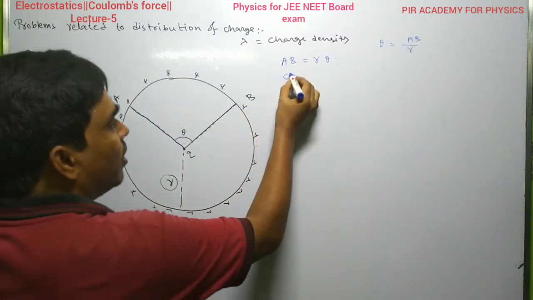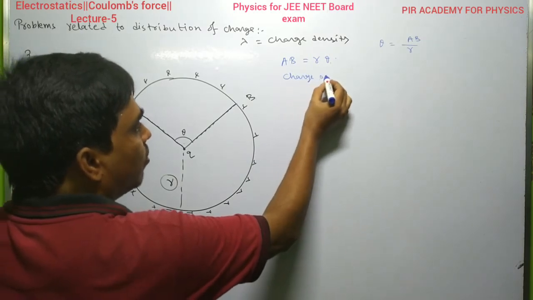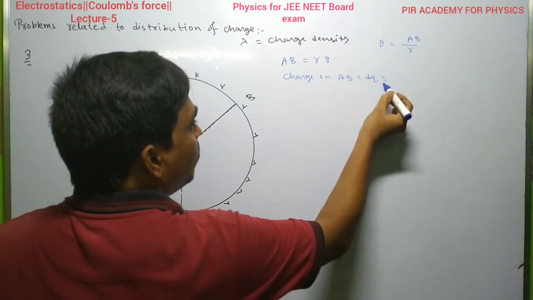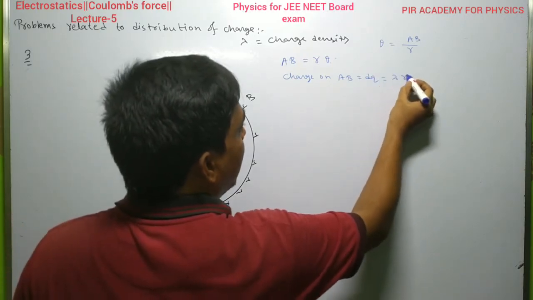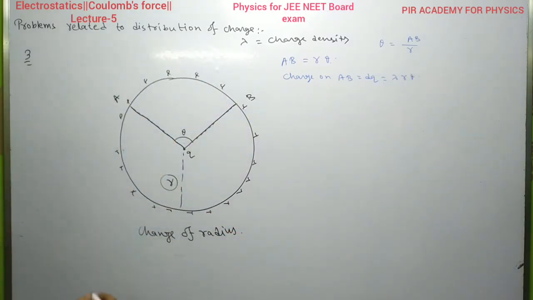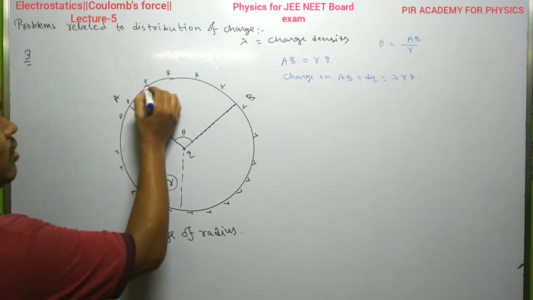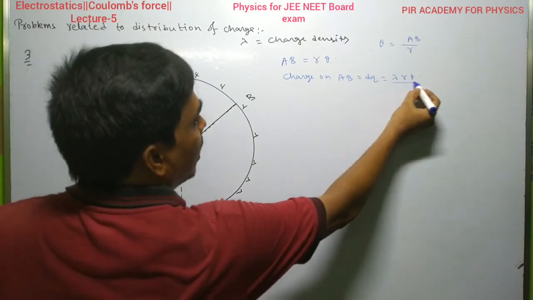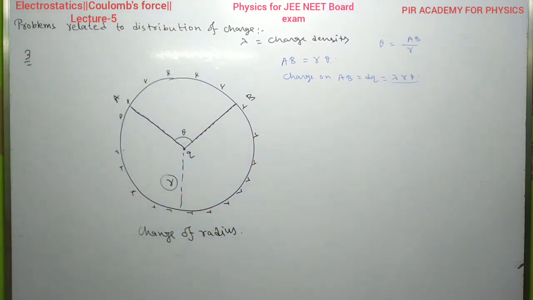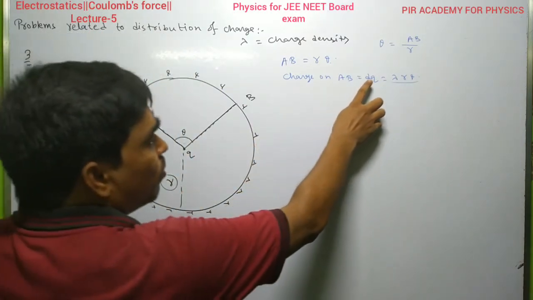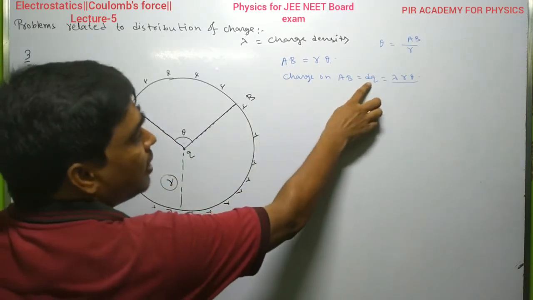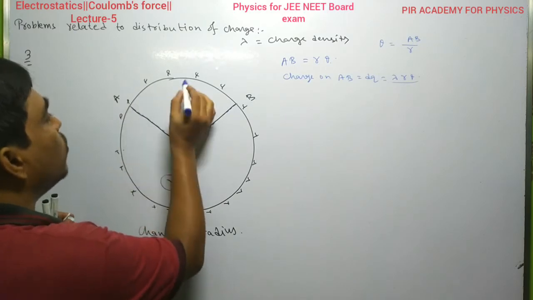The charge on AB, that means dq, will be lambda R theta. So the total charge in this portion will be lambda R theta. So this charge repels this portion.